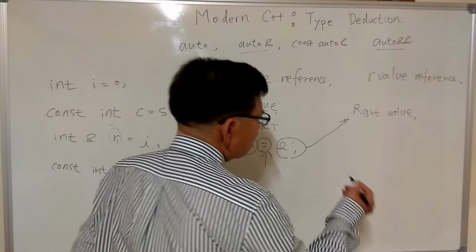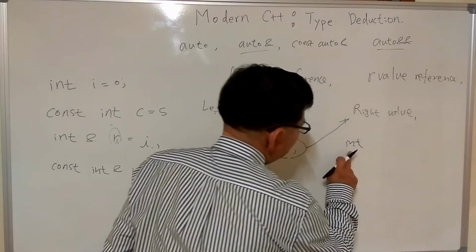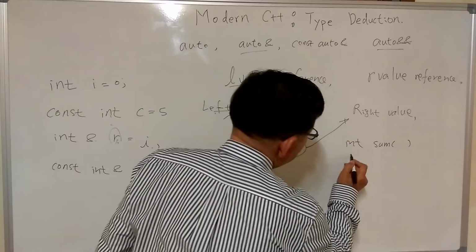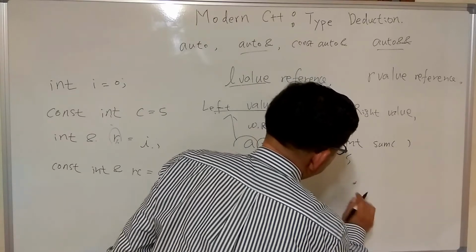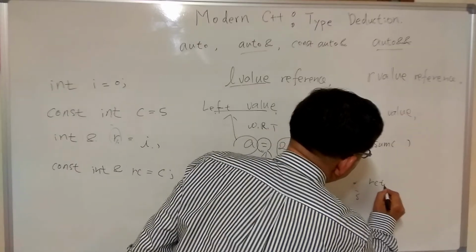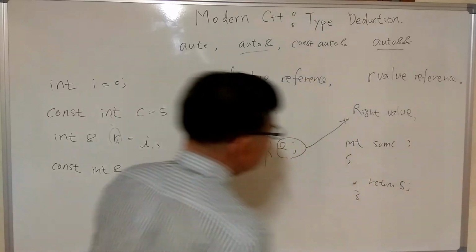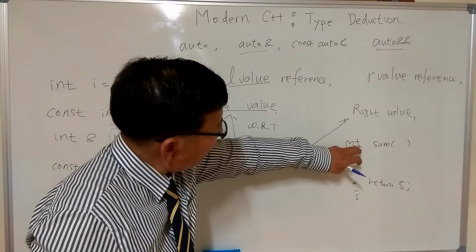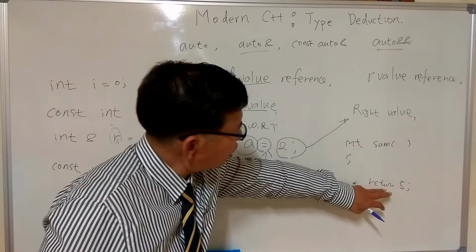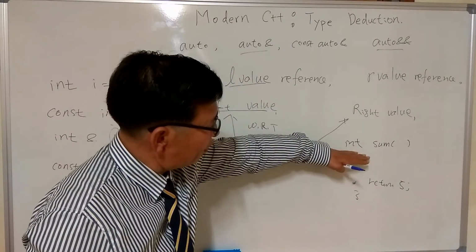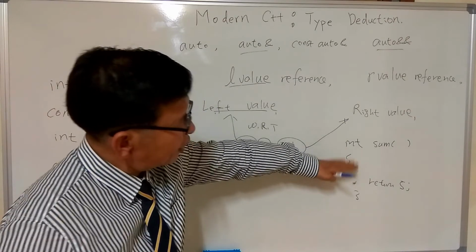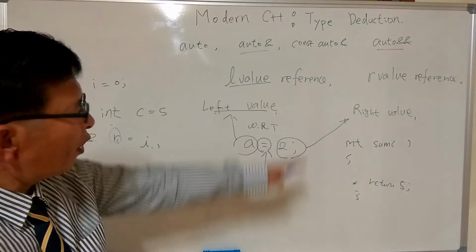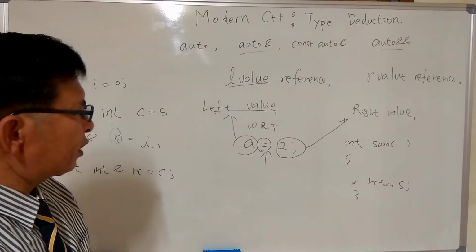If a function, for example, int sum, returns some value, for example pi, this function's return value is of type int. This is actually called R value. A return value from a function is most of the time an R value. About this, I will explain in my next video.